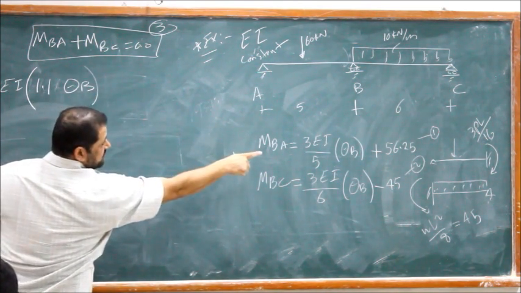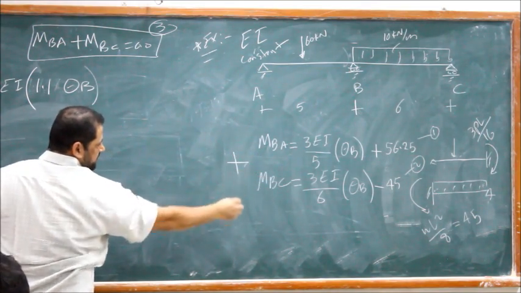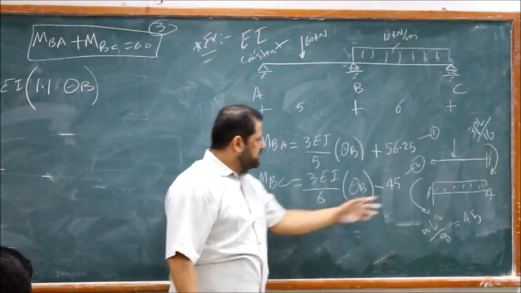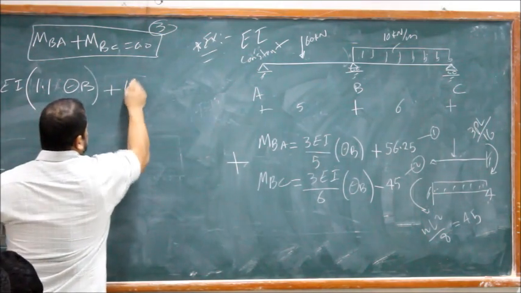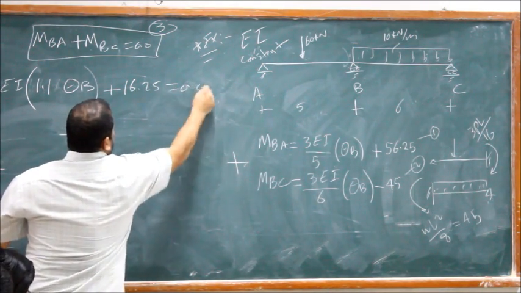EI, right? Plus 56.25 minus it. When you add this plus this one, you get plus 16.25 equals 0.